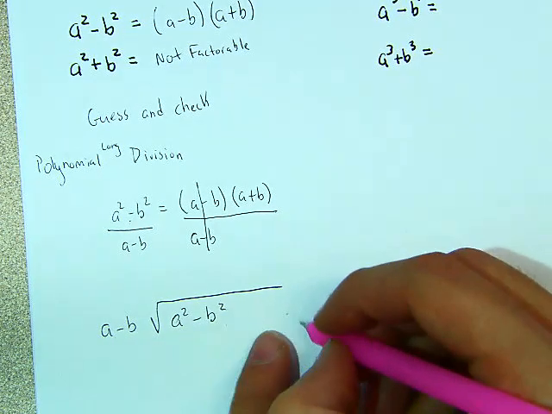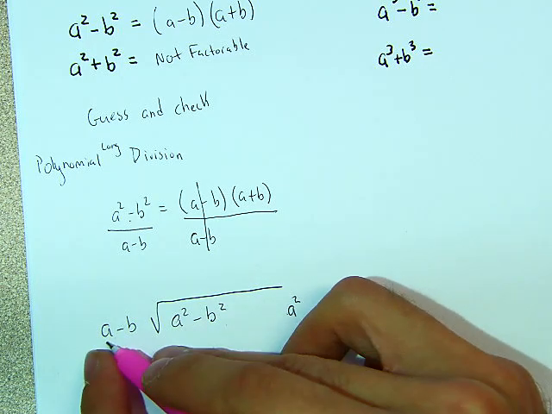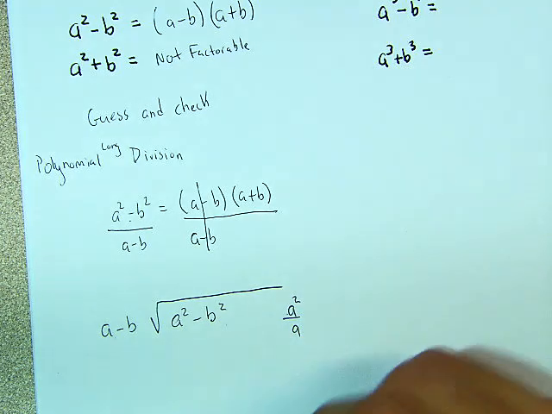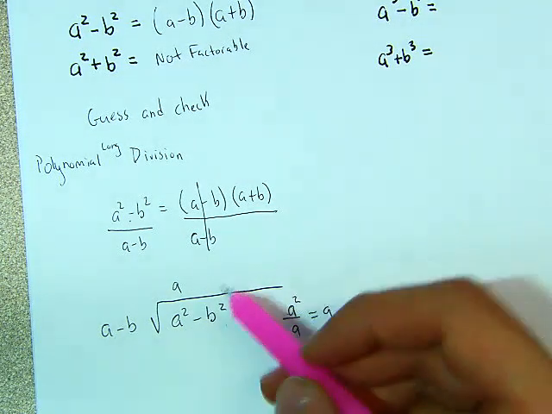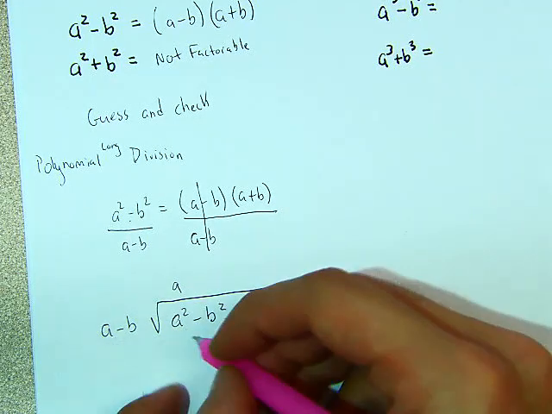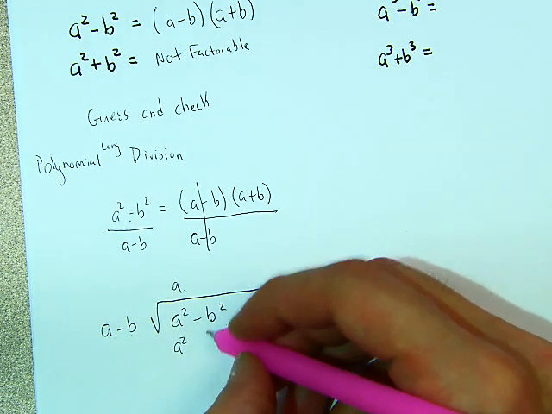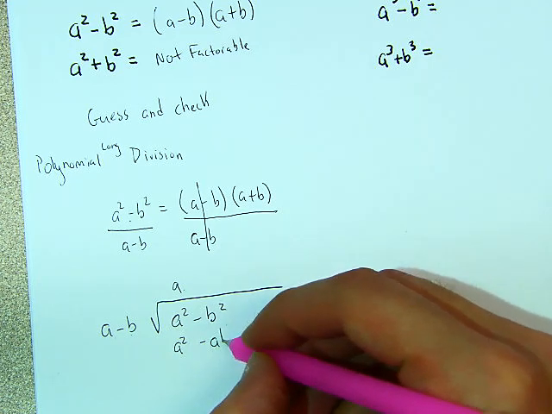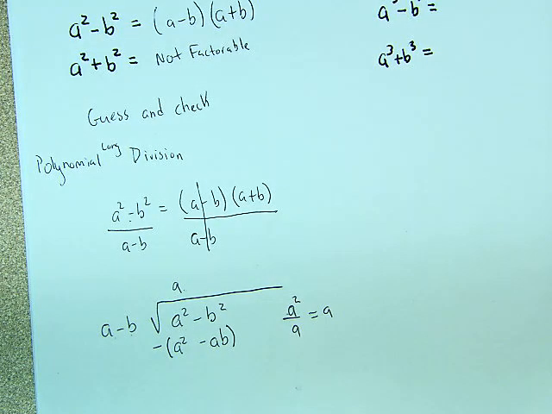It's always this divided by that. That is a squared divided by a, and that is equal to a. So we put an a up here. Then a times a is a squared, and a times minus b is minus ab, in parentheses with a minus sign.